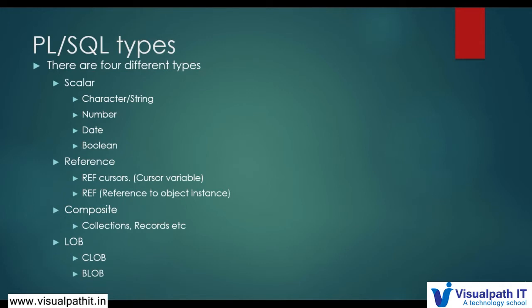In the scalar part, as we already saw when discussing literals, scalars are of types character, string, number, date, and boolean. All the data variables we want to declare in a declarative section in PL SQL, we can declare as scalar.